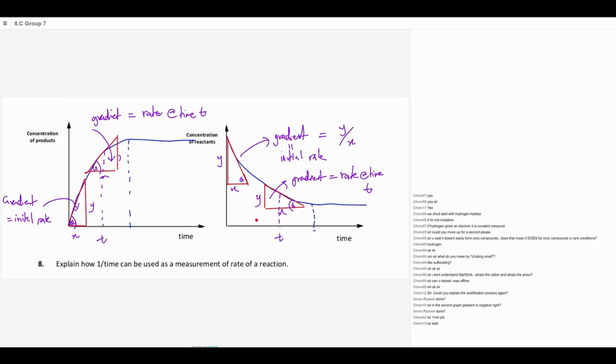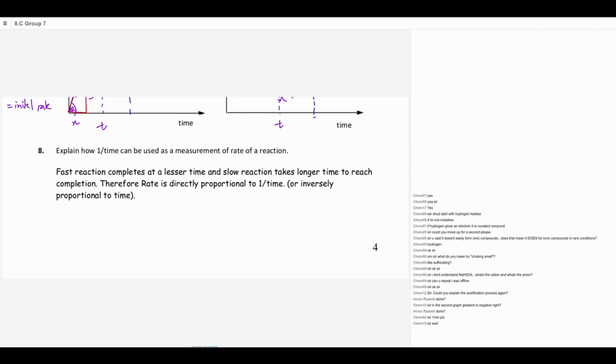So 1 upon time. Generally we take 1 upon time as the measurement of rate. The rate is directly proportional to 1 upon time, which means if a reaction is extremely slow, it takes a long time to complete. If a reaction takes a long time to complete, that means it's a slow reaction.